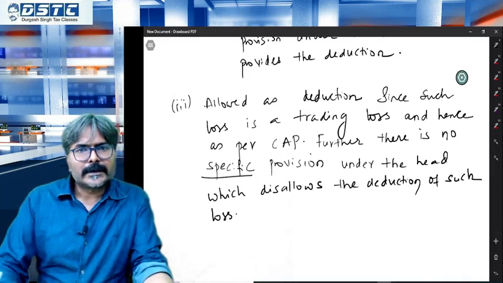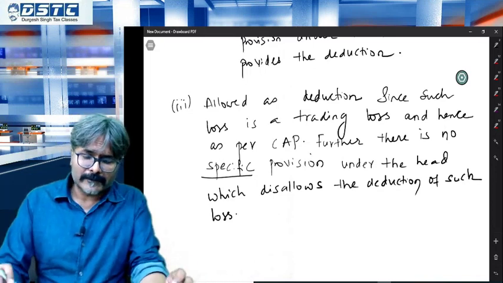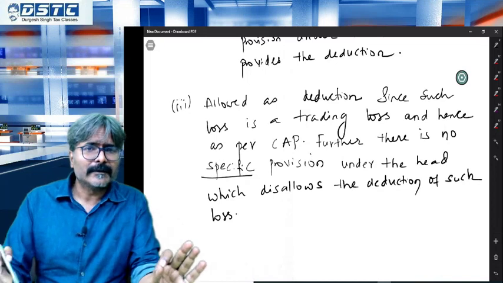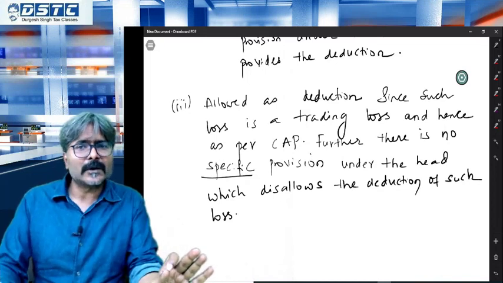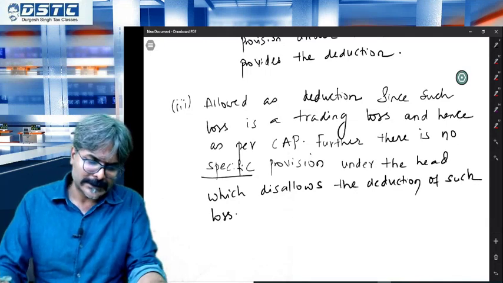So there is no section under the head PGBP which disallows the deduction of such loss. Because of this, we conclude that it is allowed as a deduction. Did you all get this one, students?